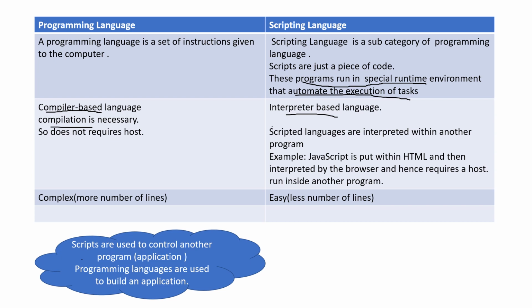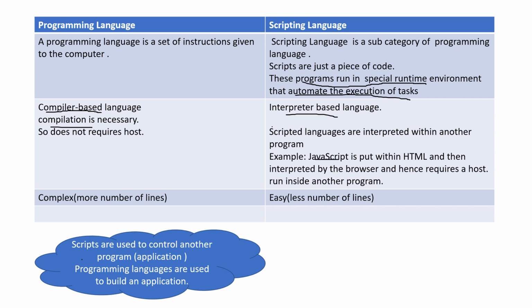It will be running in a special runtime environment where it will automate the execution of tasks. So that was the difference. Next I will tell the example of this.